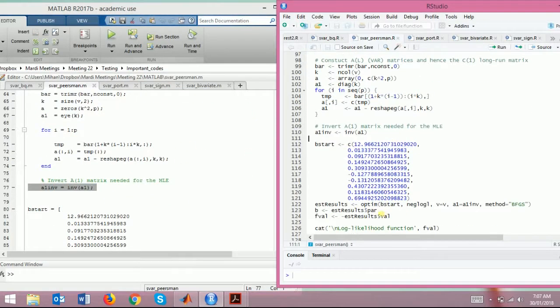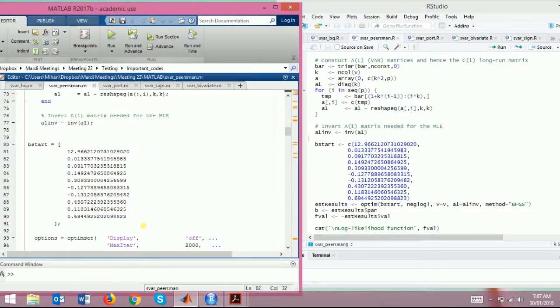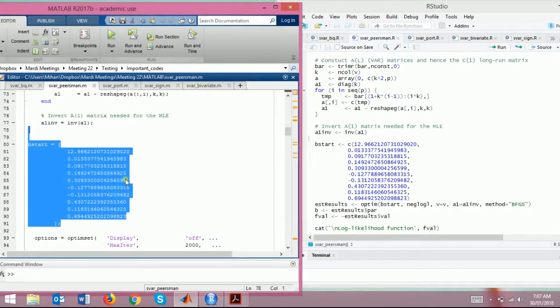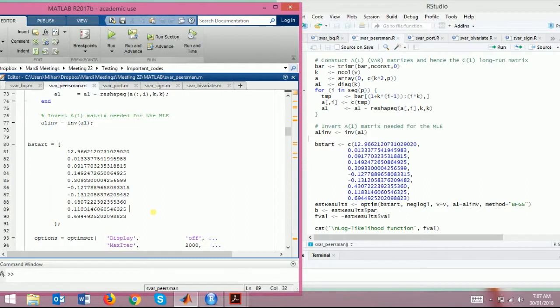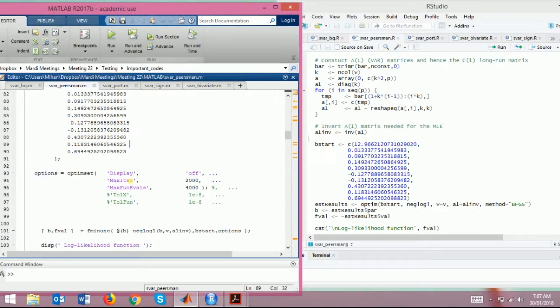Then inversing it, we have an initial value that we are passing ourselves. Display, maximum function evaluation, we want maximum iteration to be 2000. Wow, we want to go for maximum evaluation, maximum functions will be 4000.